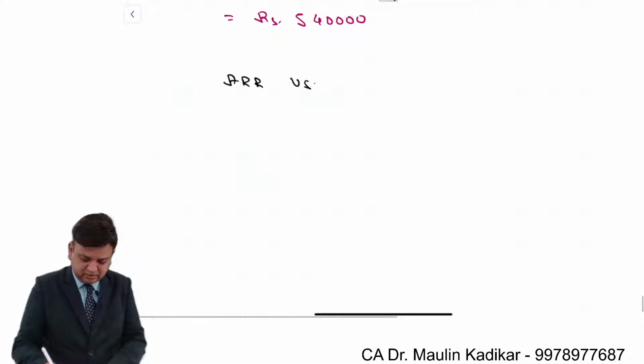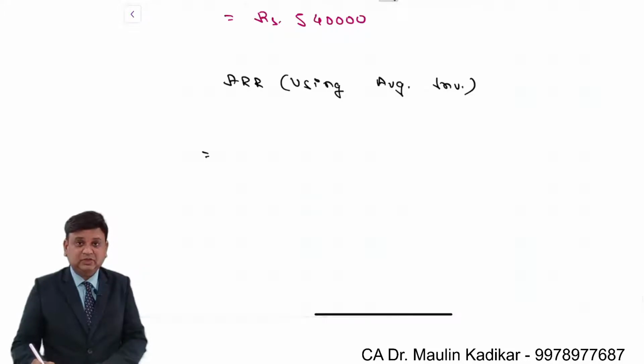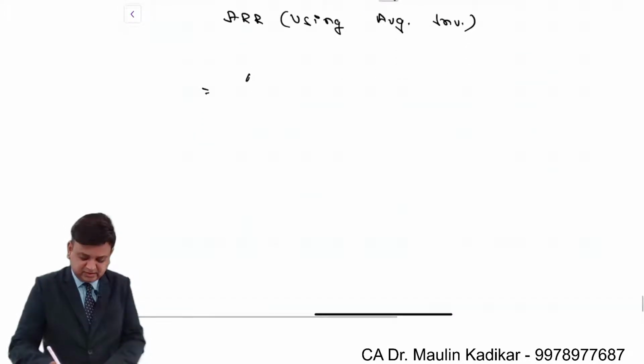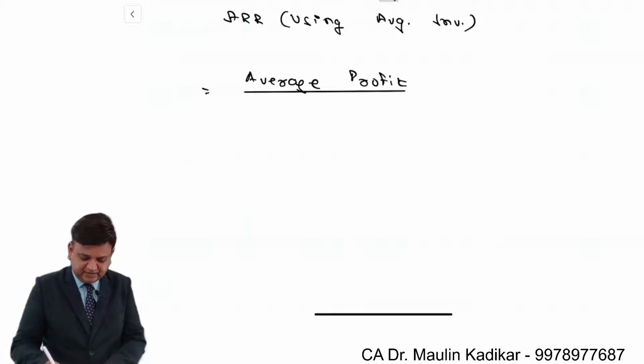ARR using average investment. It will be calculated as average profit divided by average investment.